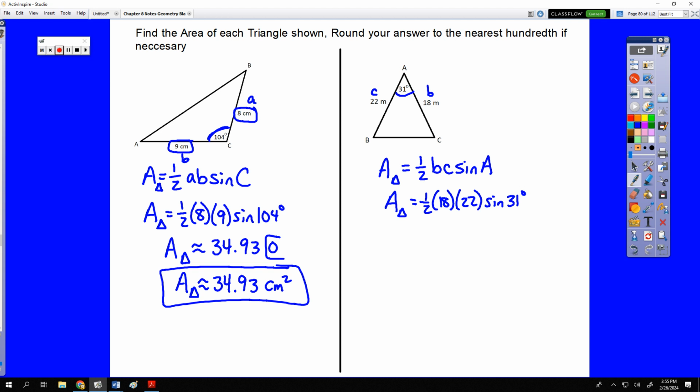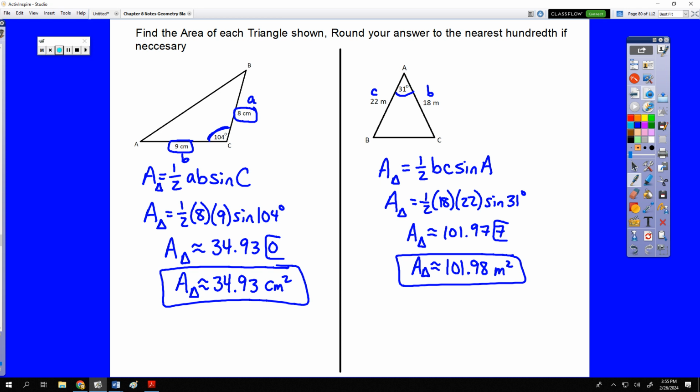And into the calculator it goes. That would be 101.977. That 7, the third digit, will make us round the second digit up and give us 101.98, and my units are square meters.